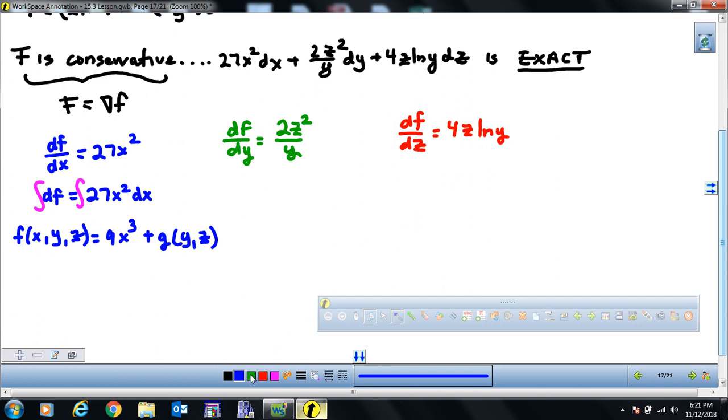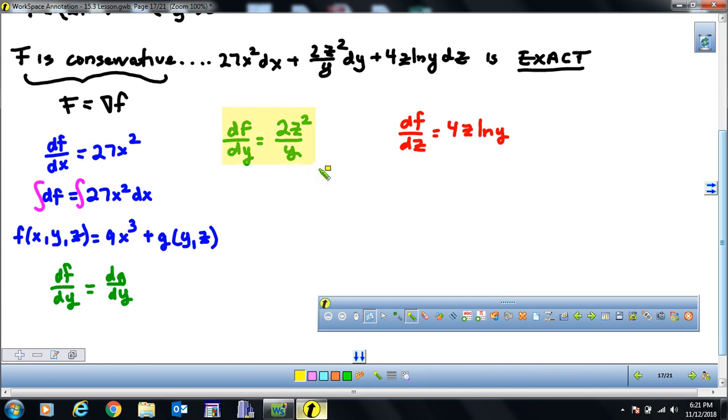Okay? To determine if it's a function of y, we're going to use the second condition. Get the derivative with respect to y of this potential function that we are finding. The derivative of the potential function with respect to y equals, since there is no y, 0, plus the derivative of g with respect to y. But we know that this is equal to this right here, so we're going to substitute it.